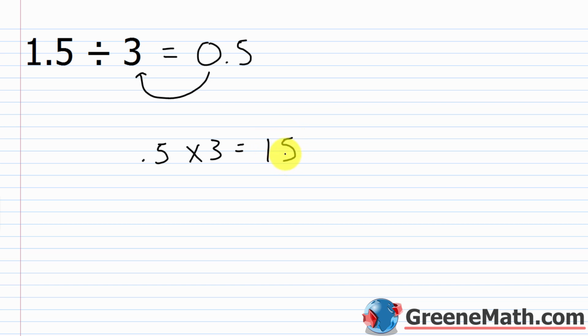And I would look to see how many decimal places I have between the factors. Well, this has 1 decimal place. This really doesn't have any. So I would move my decimal point 1 place to the left, and I would end up with 1.5, which is exactly what I started with as my dividend. So we know that this answer is correct. 1.5 divided by 3 is 0.5.